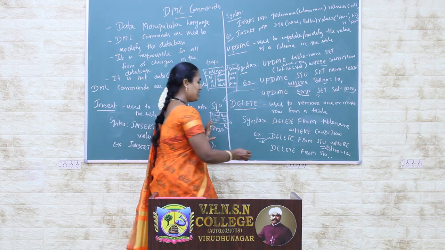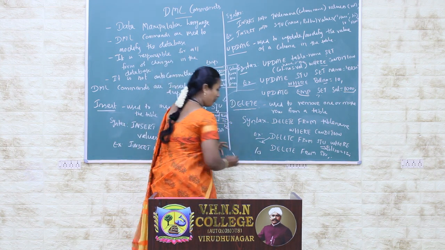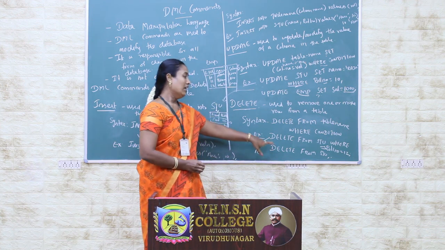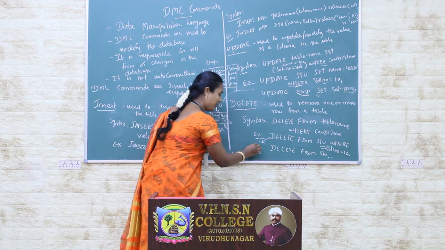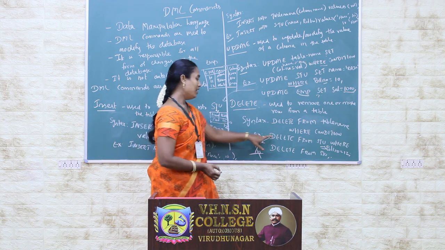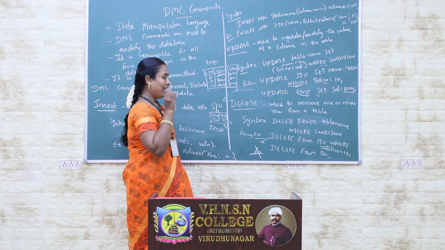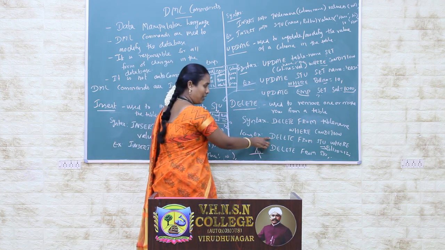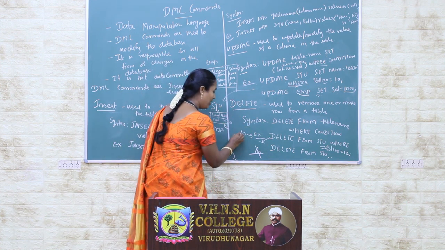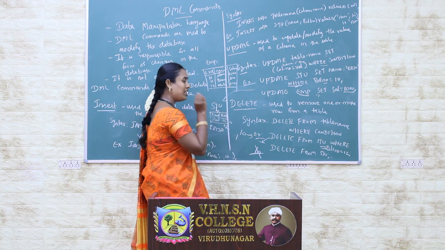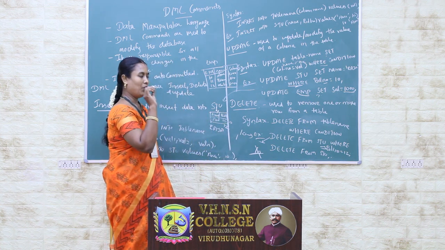For example, if the student table contains 10 records, executing this query removes all 10 records. But with the same 10 records as input, executing the first delete command removes only one record, the student record having roll number 12.